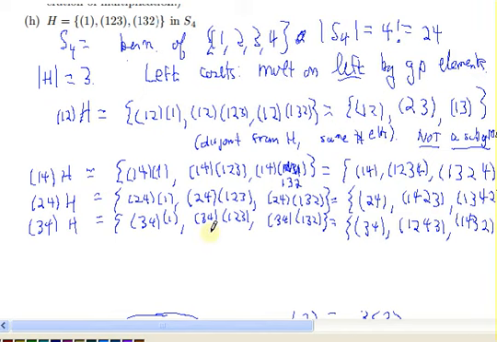That's not everything. It seems like I've run out of stuff to do, but I haven't. Notice the cycle structure of the permutations I have so far. I have 2 cycles. I have 4 cycles. And I also have this one, the original H, I have 3 cycles here. Okay, but I don't have any 3 cycles that contain 4.